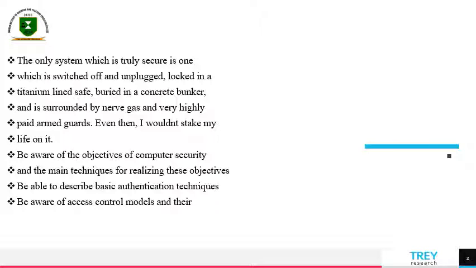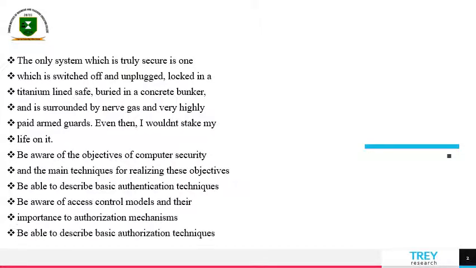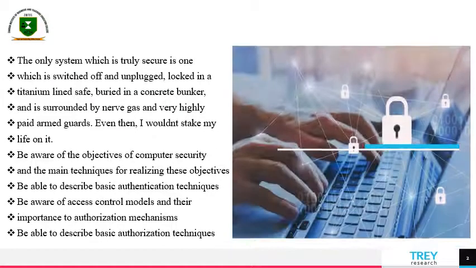Also be aware of the access control models and their importance to authorization mechanisms, and be able to describe basic authorization techniques. The picture here shows how a device is protected using different types of authentication methods.